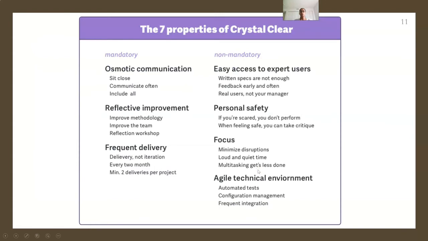Let us move on to Crystal. So the Crystal methodology is one of the most lightweight, adaptable approaches to software development. Crystal is actually comprised of a family of agile process models that includes Crystal Clear, Crystal Yellow, Crystal Orange, and others.